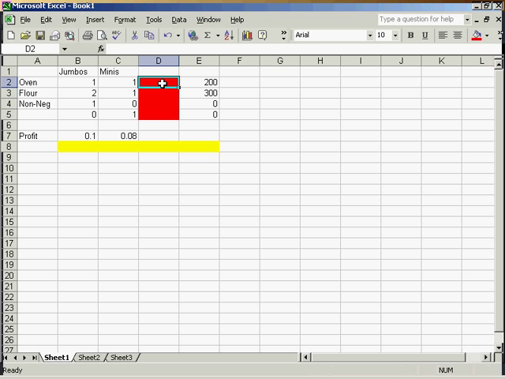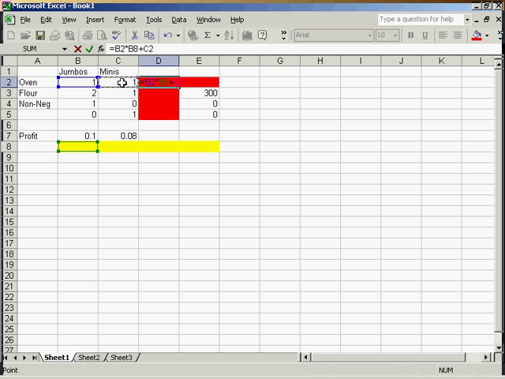We now have to enter our equations for the constraints. In the first cell of the constraint, we have to enter an equation, which is done by saying equal to. It's going to be the oven coefficient times ultimately what will be our answer for the number of jumbos, plus the coefficient for minis times the answer for minis.